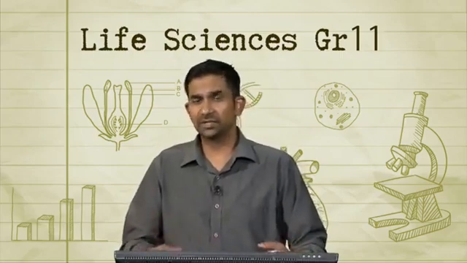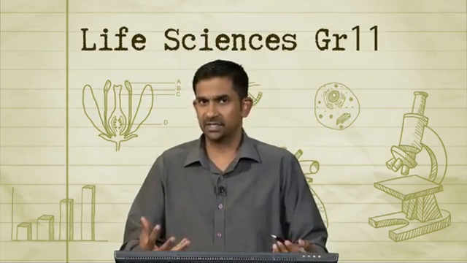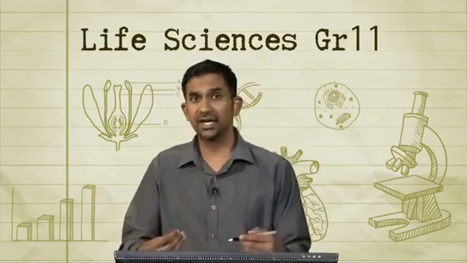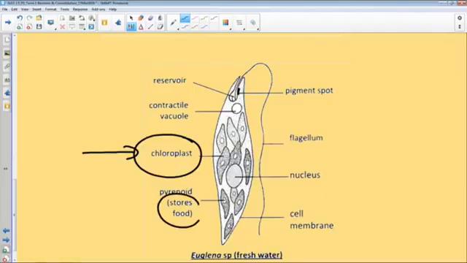An organism that does photosynthesize needs to store the products of photosynthesis in its cytoplasm. In this case, the chloroplast does produce glucose, and it stores that glucose in the form of stored food. In this case, it's going to be starch, guys, in the form of those pyrenoid granules.